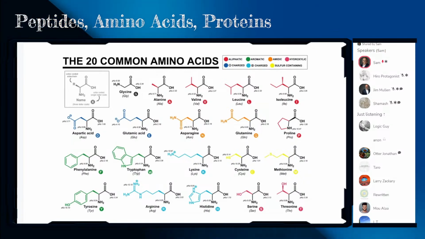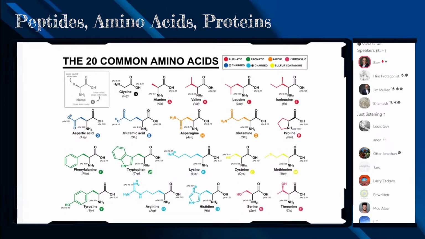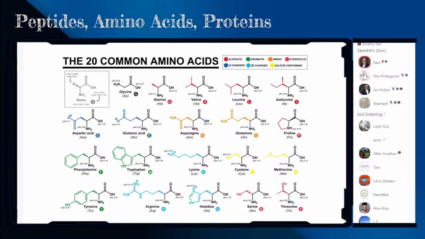It's attached to 3 different. So that one is not chiral. L or D is irrelevant for glycine, but for the rest of them, we do have it. And so the side chains are in color, and the rest is in black.